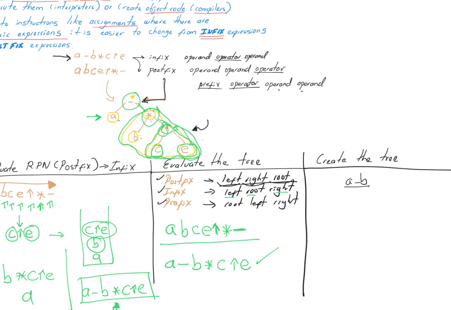So this is what we want to have in the tree. The way to do this using infix is you first need to evaluate this from left to right, and then start looking at the lowest precedence and the last operator that you're going to have. So in this case, let's look at this expression.